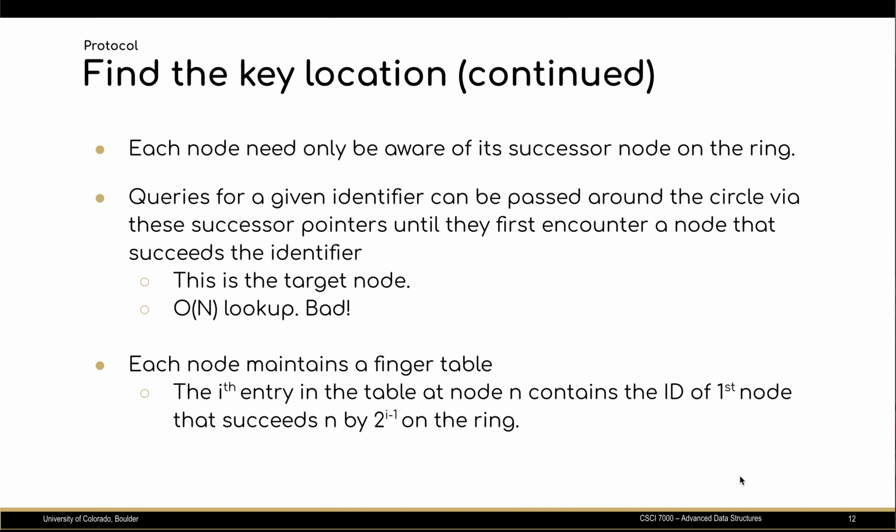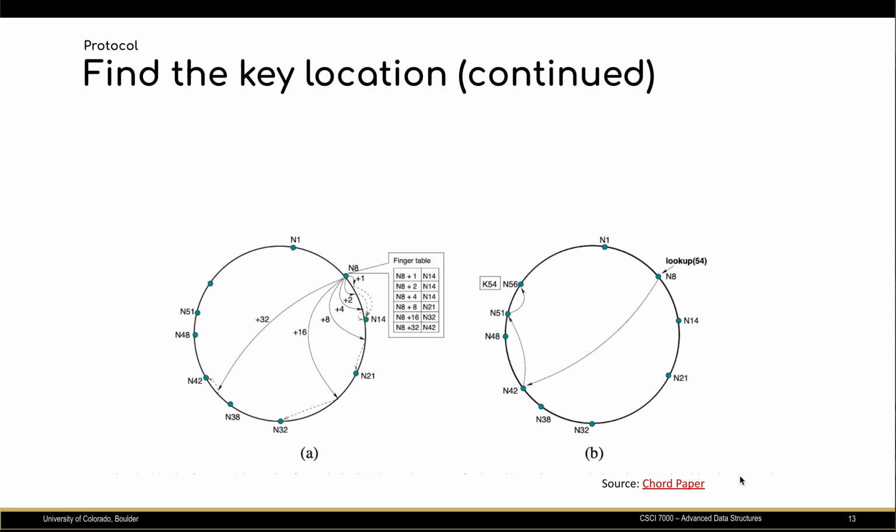Whichever node has an identifier greater than or equal to n + 2^(i-1) is the successor, or the ith entry of that particular node in the finger table. And this is a very interesting structure as it makes the finger table logarithmically small. So for a size of n, the finger table is no more than log n.